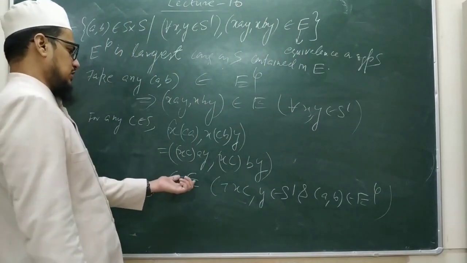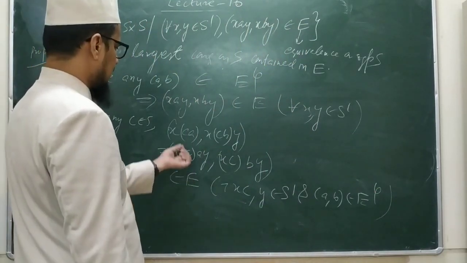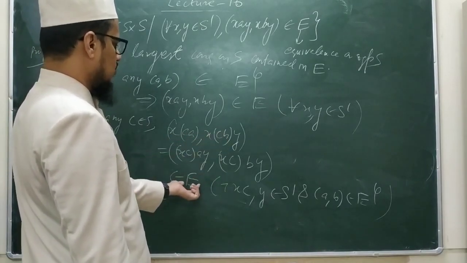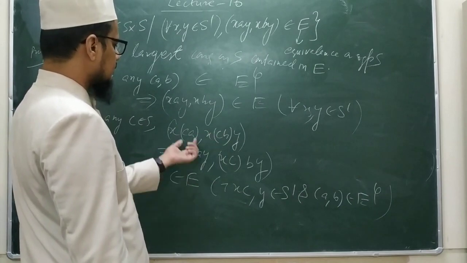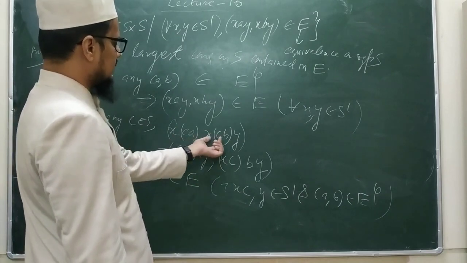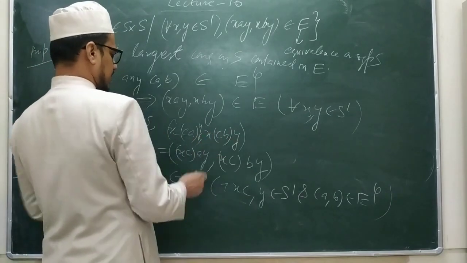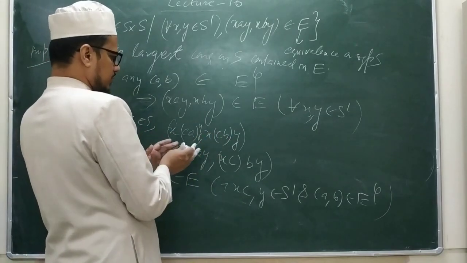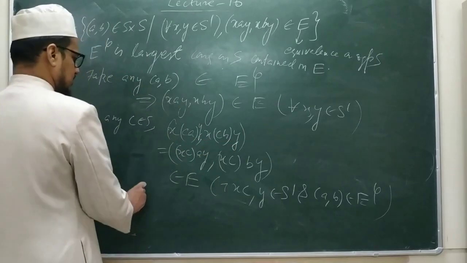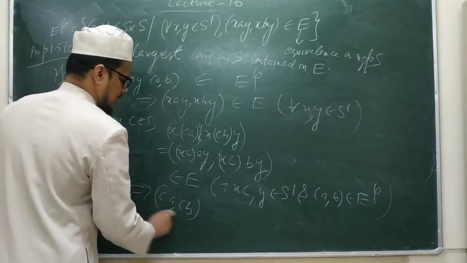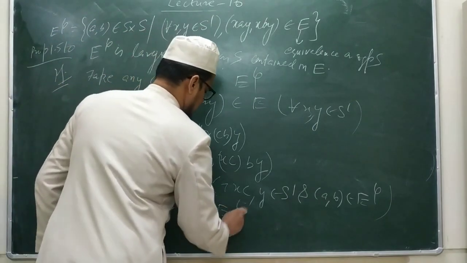So it goes in E. Now if it goes in E, it means what? XCAY comma XCBY goes in E, where X, Y belonging to S1. So it implies what? It implies that CA comma CB belongs to E natural.